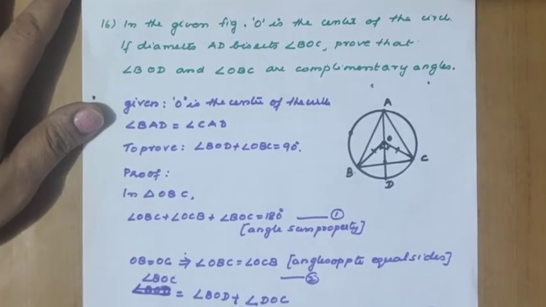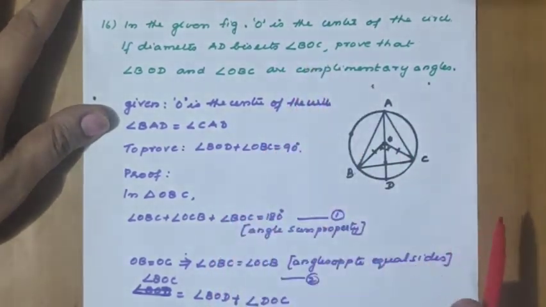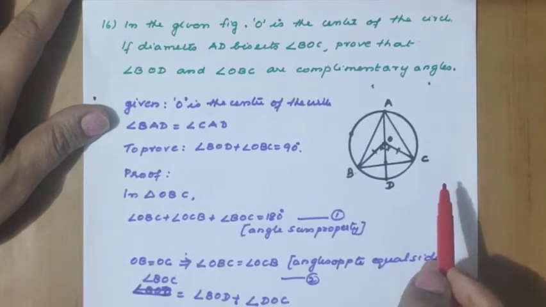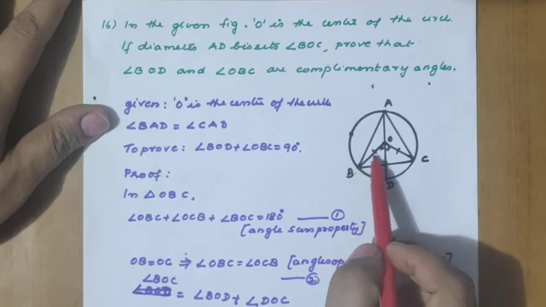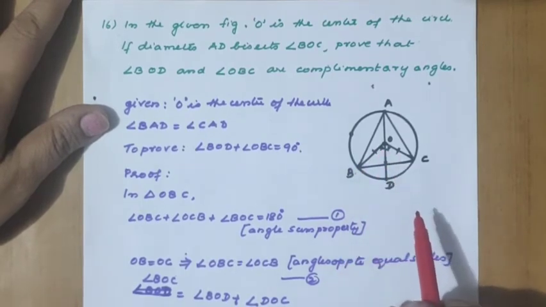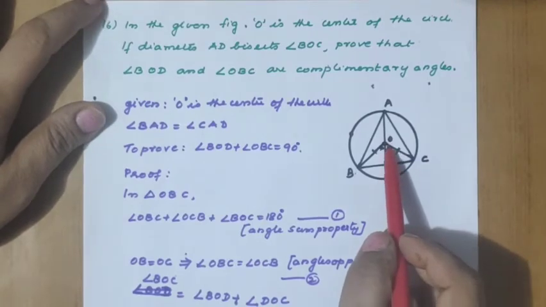Question number 16. In the given figure, O is the center of the circle and the diameter AD bisects angle BOC. Prove that angle BOD and OBC are complementary angles. These two angles are complementary. So how can we prove this one? Diagram is already given. O is the center of the circle.